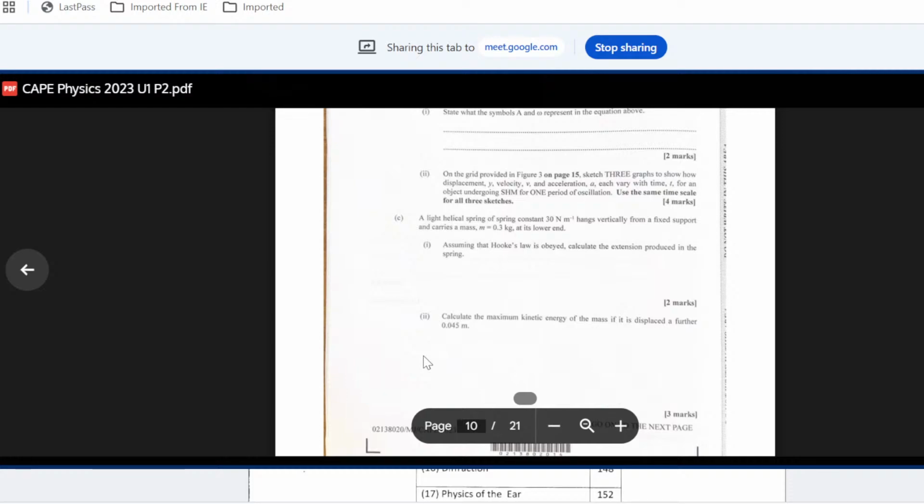All right. You have different ways you could calculate it, but I think that's the simplest way to do it. You could actually use half mv squared, but you would have to find what v max is, which is amplitude times omega. So if you're willing to go that route, fine.